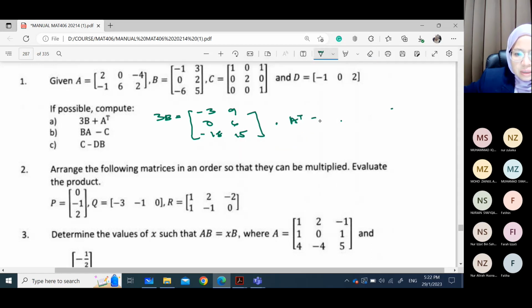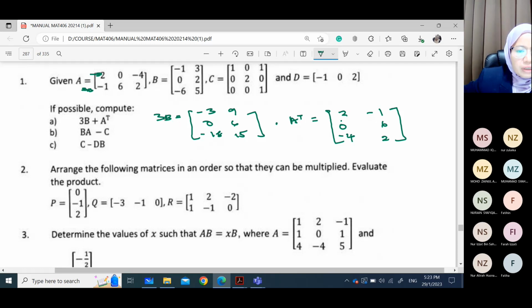Sekejap ya. Okay. So yang ini adalah 2 by 3 matrix. Bila transpose dia akan jadi 3 by 2 matrix. Okay. So this one yang ini semua dia akan jadi column. Which is 2, 0, negative 4. First column. And the second column, negative 1, 6, 2. Alright. So ini adalah AT, A transpose.